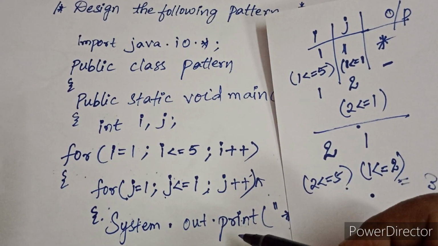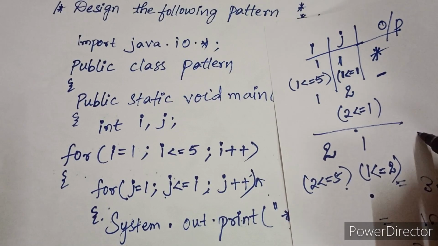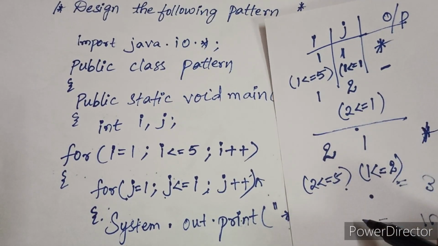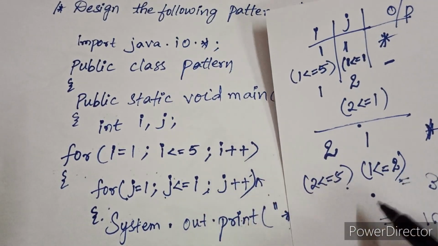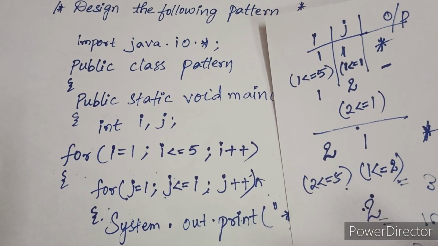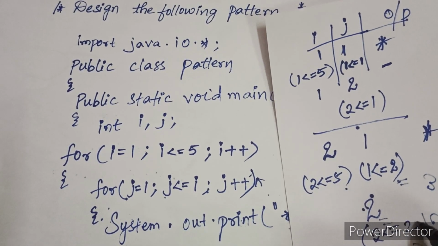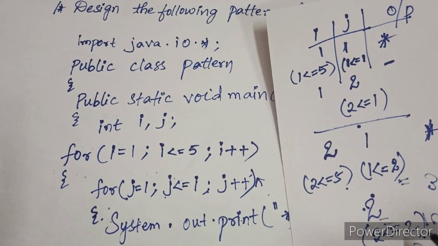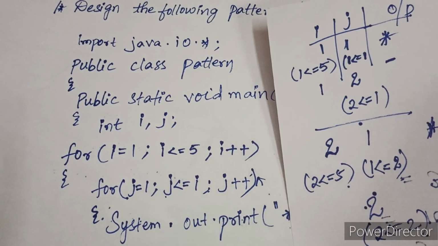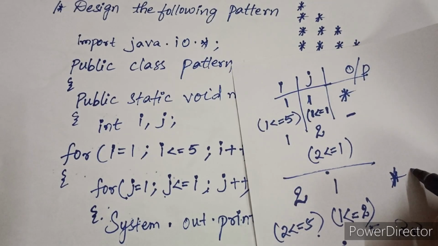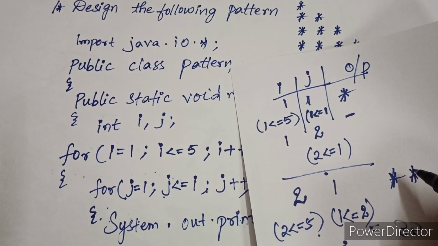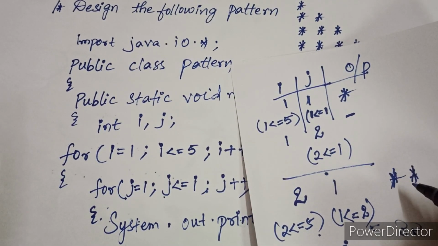The moment the condition is true, it will display a star. Then it will go to j++. Now the j value becomes 2. Then we are checking the condition. 2 is less than or equal to 2. The condition is true. Then it will display this statement, System.out.print. Print means it will start displaying side by side.